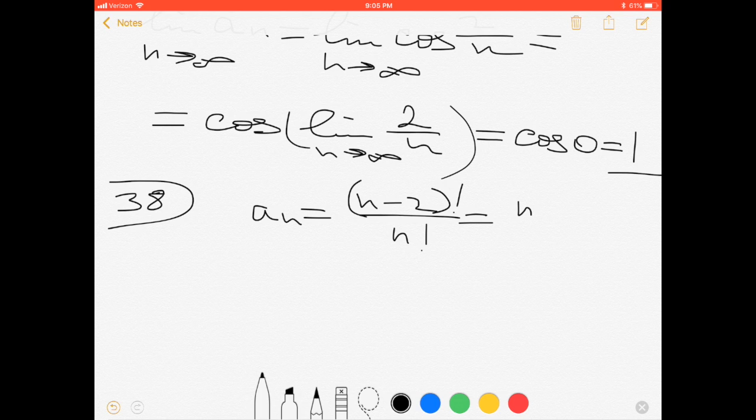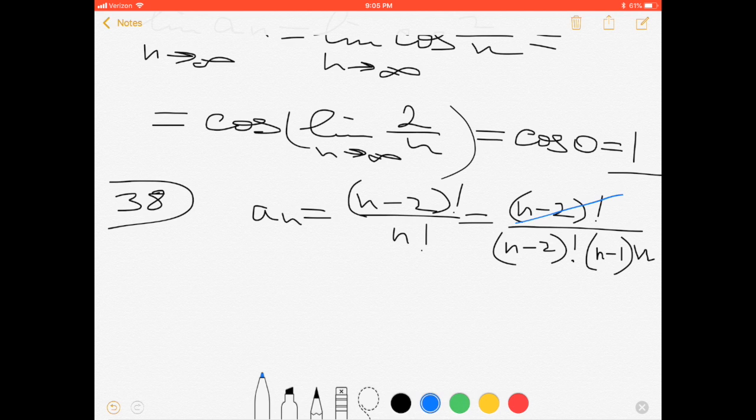Looking for the lower number, it will be n minus 2. This means here we have n minus 2 factorial. N factorial is n minus 2 factorial times the next number, which will be n minus 1, and the next number, which will be n. You see? This means here we can cancel this part and this part.